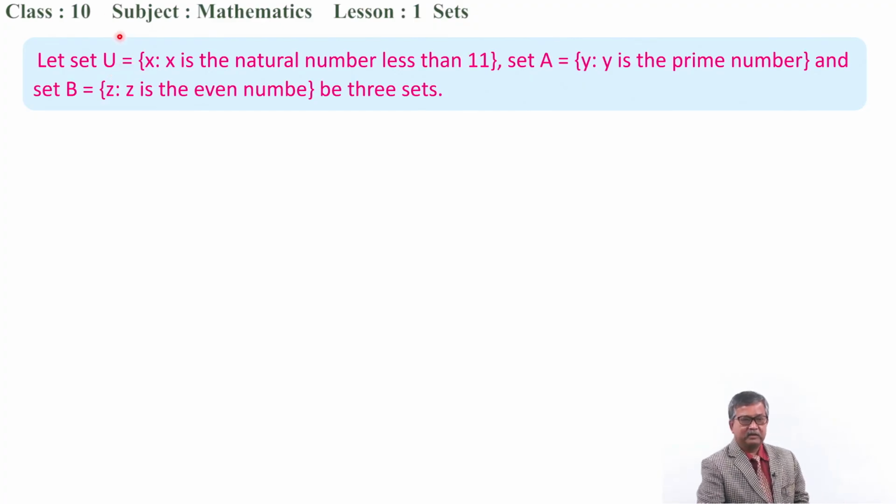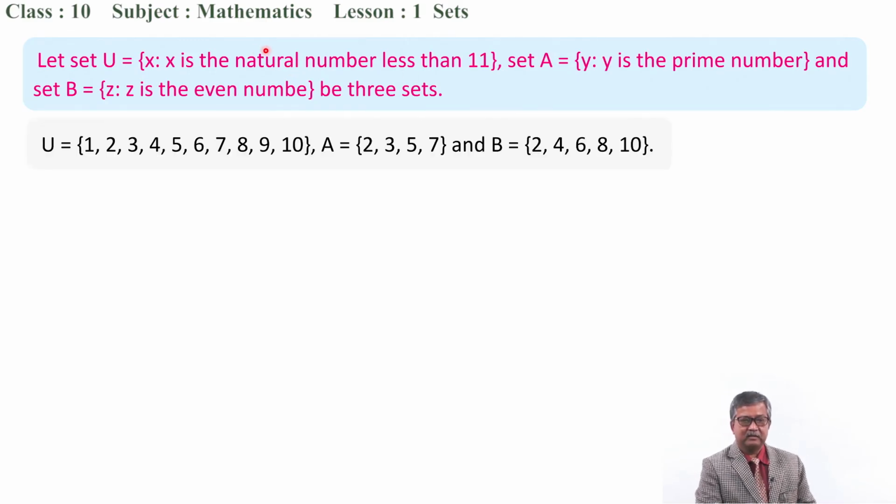Set A is the set of all y such that y is a prime number, so set A is the collection of prime numbers less than 11, because your universal set U is already given. Next, set B is the set of all z such that z is an even number, so set B is the collection of even numbers less than 11. These three sets, U, A and B, are given.